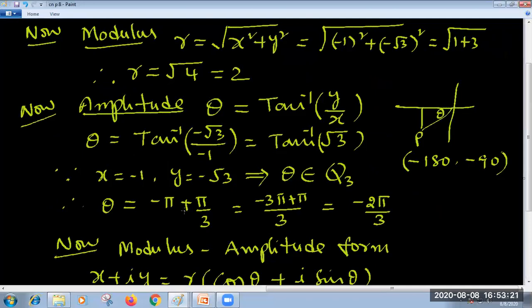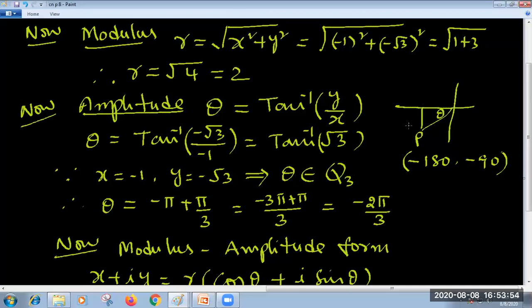The only thing you have to remember is in which quadrant this point belongs to. Depending on the point, the angle belongs to the third quadrant in this case. So we have to find the angle which is in the third quadrant and satisfying the given conditions. Remember one thing, the angle should be between minus 180 and plus 180.